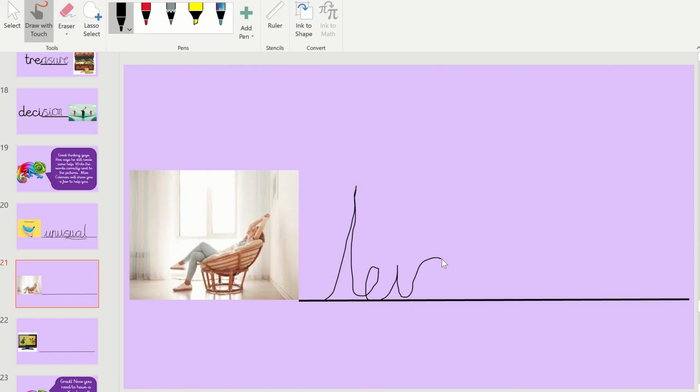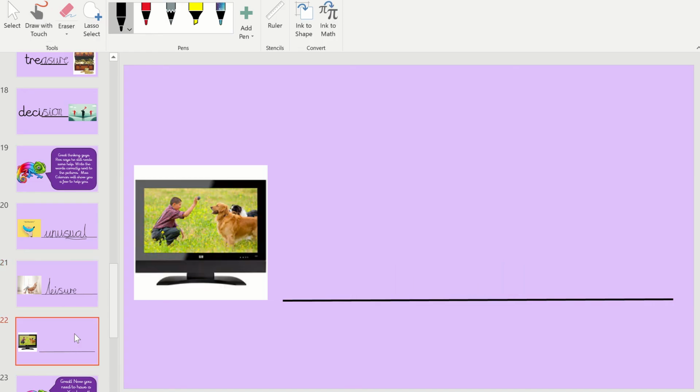I know the S makes a Z sound. And then the end of this one is the U and the R and the E. Leisure. Right, let's look at the last one.